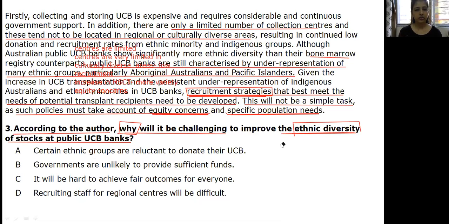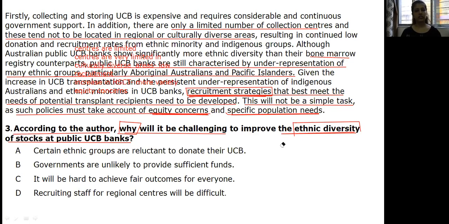Which answer choice do you think summarizes all the points? Centers are limited. Centers are very limited in culturally diverse areas. So we have low recruitment rates. And as the demand of transplant increases, we need more and more diversity in the recruitment.